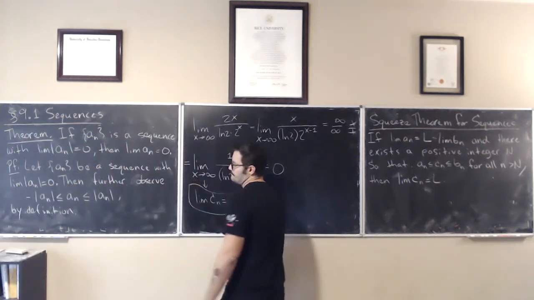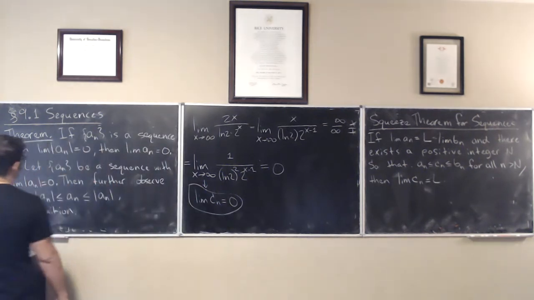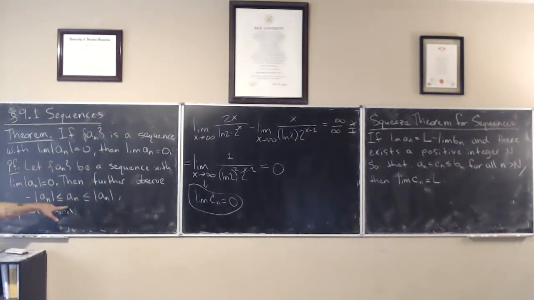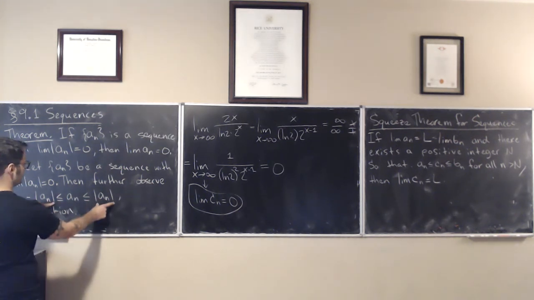So, since the absolute value converges to 0, the squeeze theorem is going to say that a sub n converges to 0, because this is going to 0 and that's going to 0.